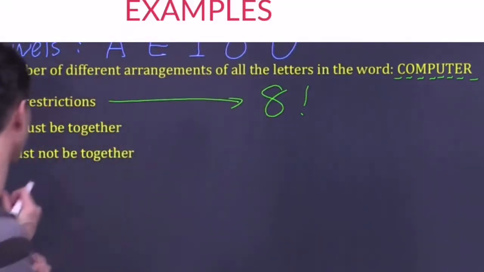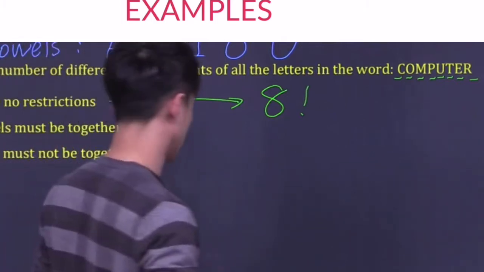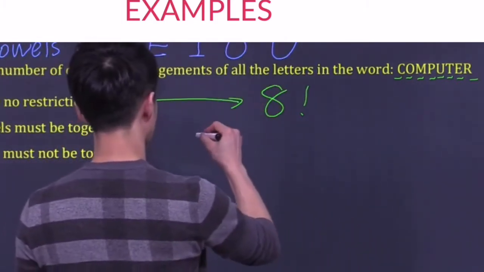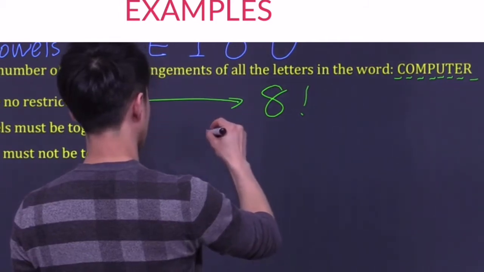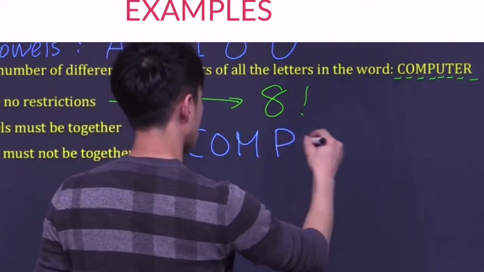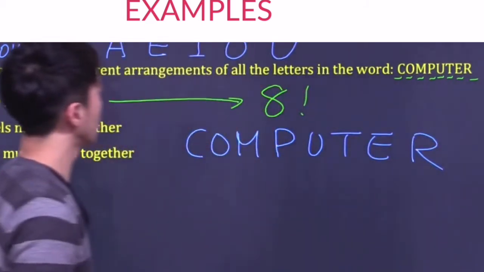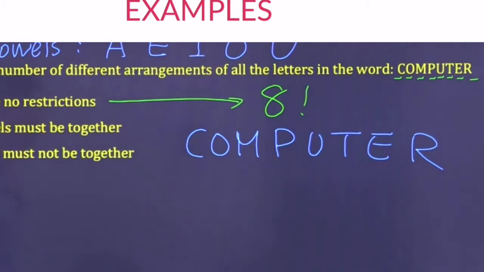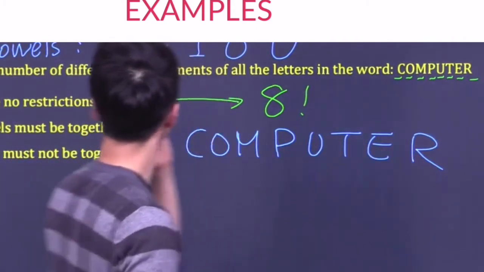Now, if the vowels must be together, so now COMPUTER, C-O-M-P-U-T-E-R. What are the vowels in the word here?